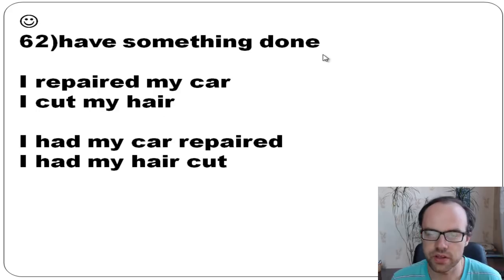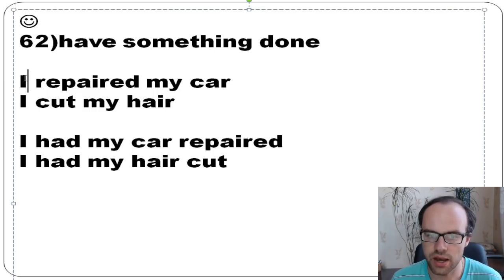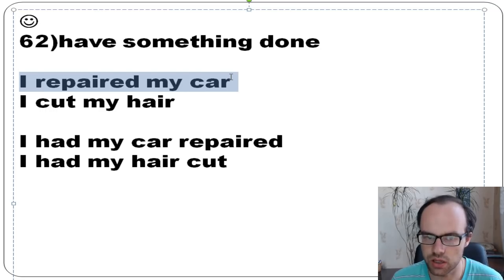Well, have something done. Okay. Please look at these sentences. I repaired my car. If you say I repaired my car, it means that you repaired it with your hands. But I think that's not true.